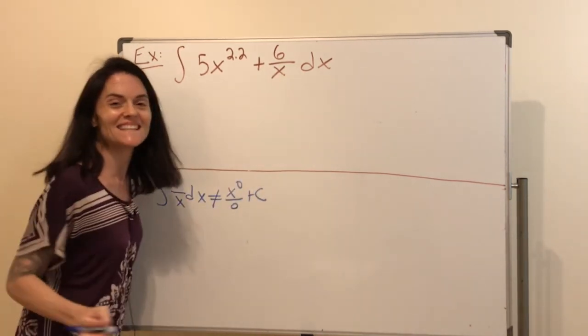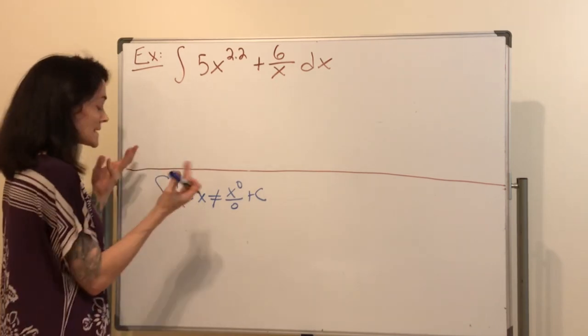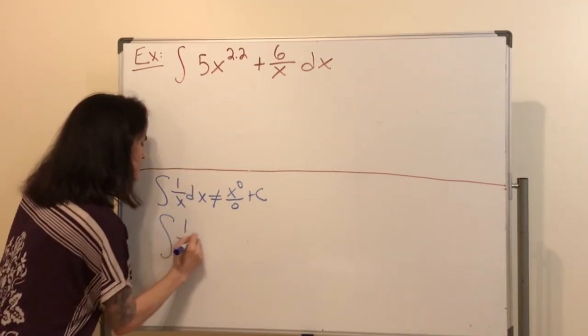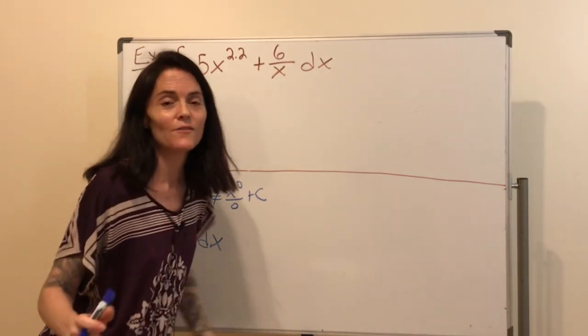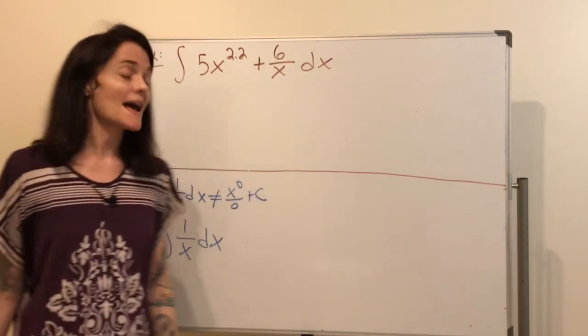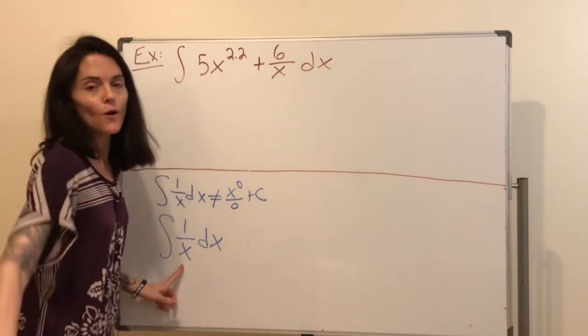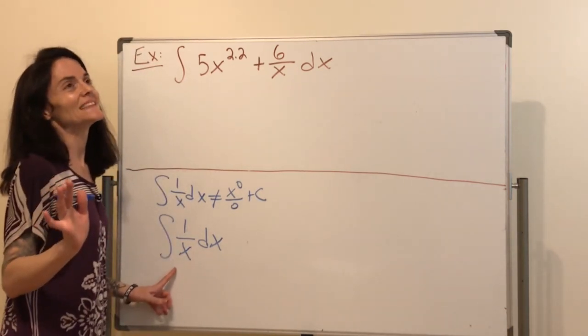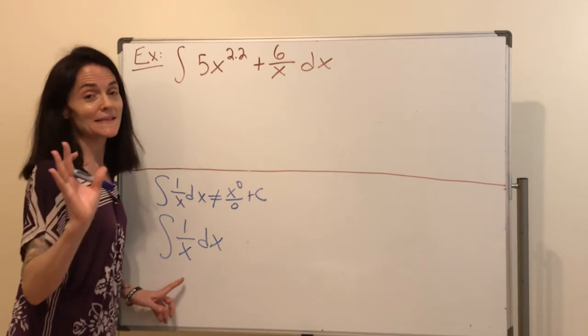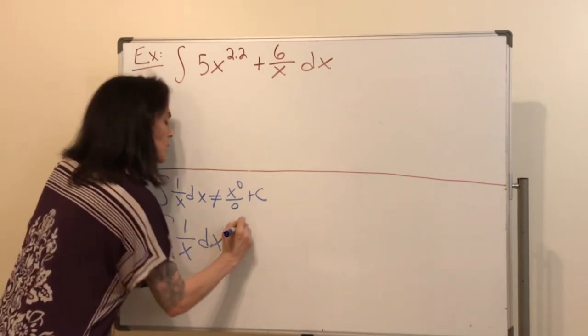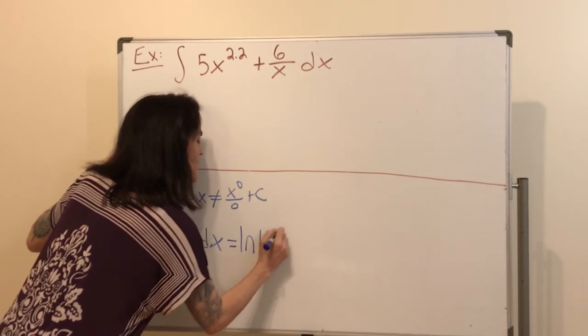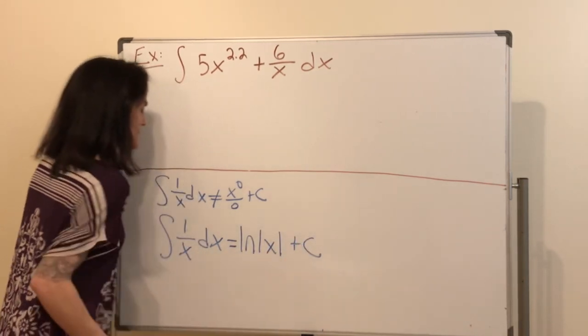So before I do this example, what is this integral? Just think to yourself, what function has derivative 1 over x? Well, you might say ln x, but for antiderivatives, we take ln, absolute value of x, and then plus c.